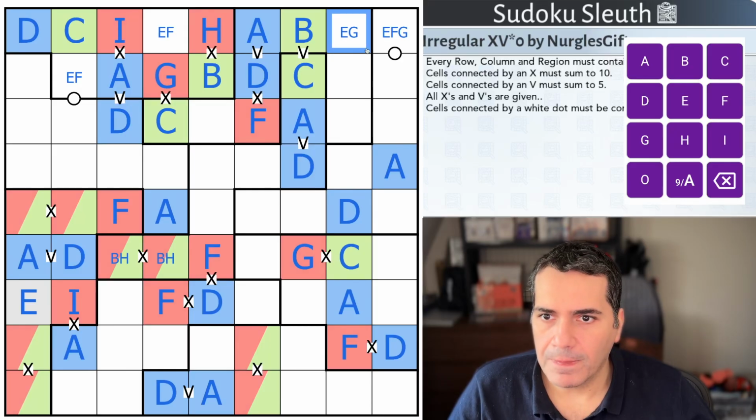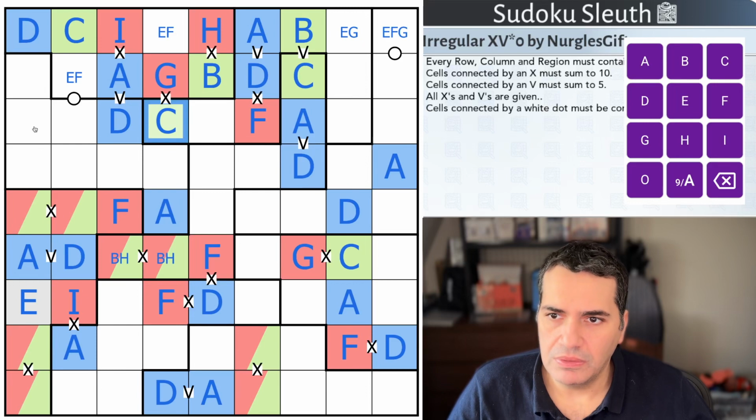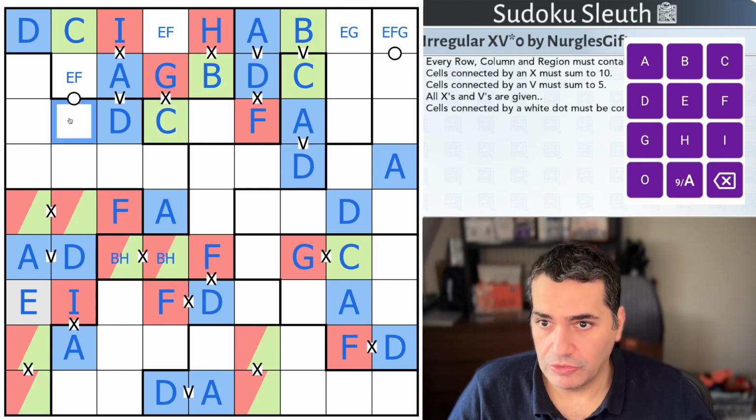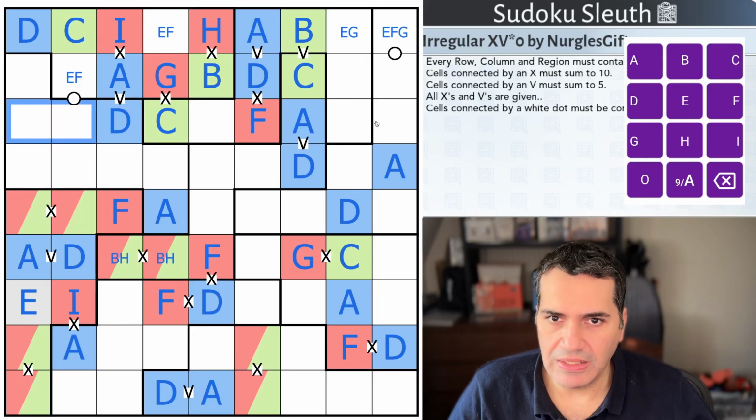B and C are done. I need a B in this row. Actually, C, no, that's not helpful. B could be connected to a 5, the E. So I can't eliminate B from any of these options. That's a lot of options.